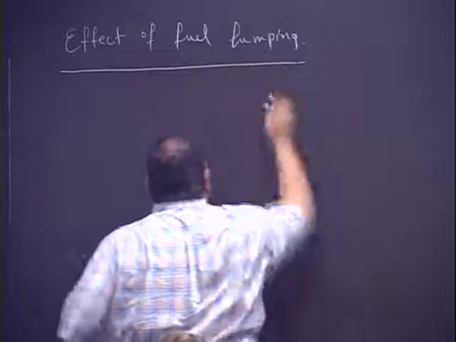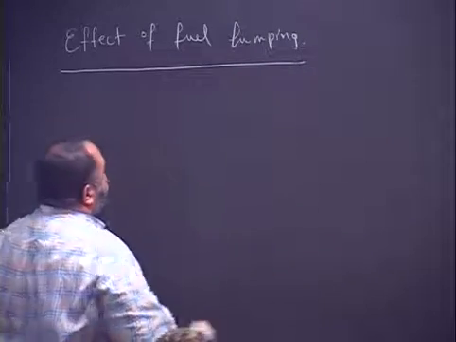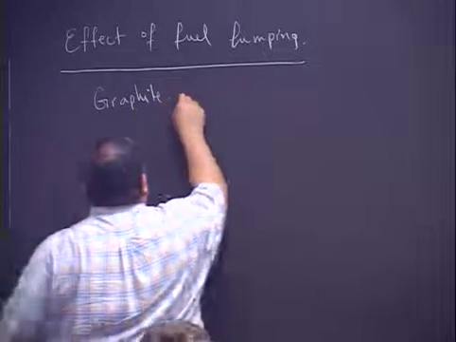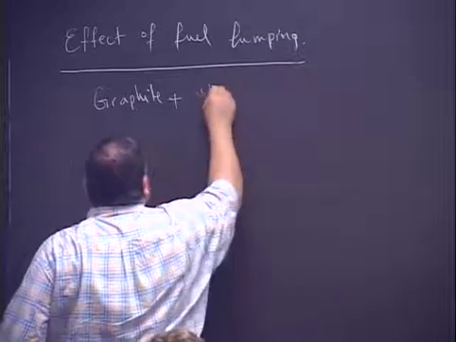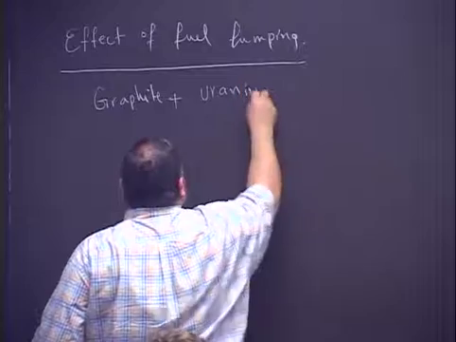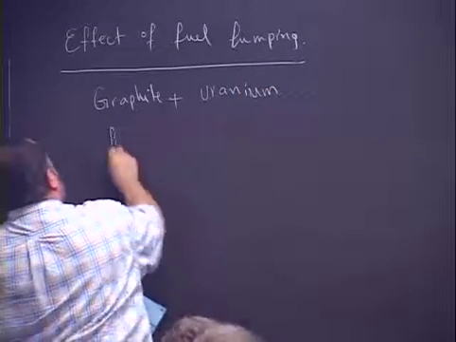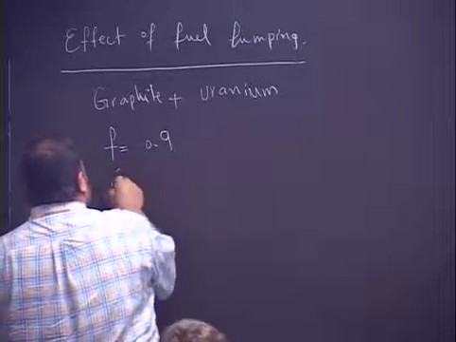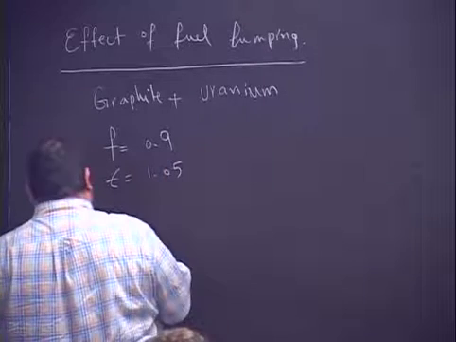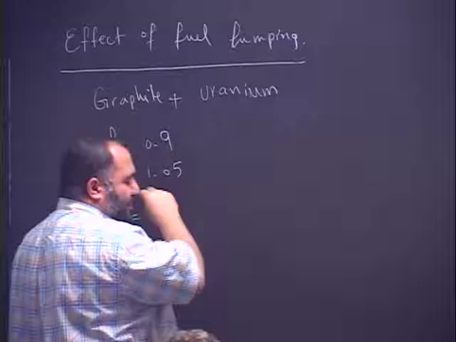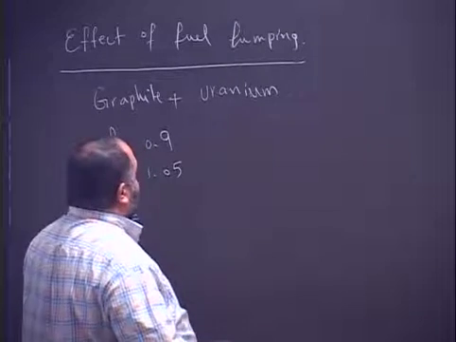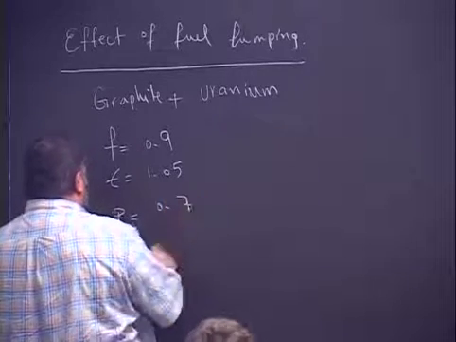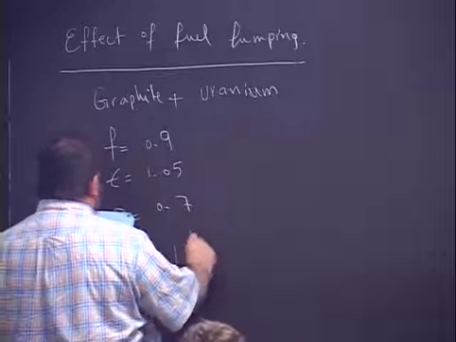If you do just graphite plus uranium, and you do the calculation, you'll notice that the thermal utilization is around 0.9, the fast fission factor is around 1.5, the resonance escape probability, if you just spread the uranium homogeneously in a graphite cell, is around 0.7, and eta is around 1.33.